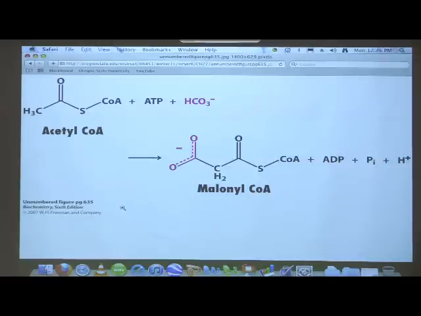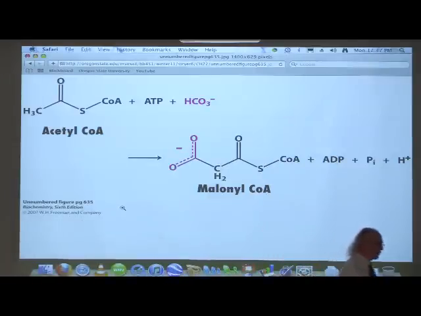One of the places where you see a difference is actually on the screen right here. This is an odd step, again, that the cell takes in order to make a fatty acid. To make fatty acids, cells start with a 2-carbon molecule of acetyl-CoA. Okay? Acetyl-CoA gains a carboxyl group in the process.